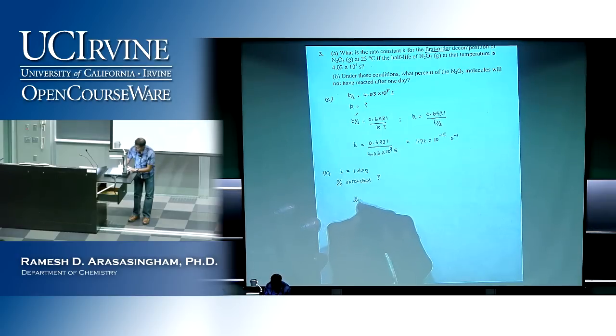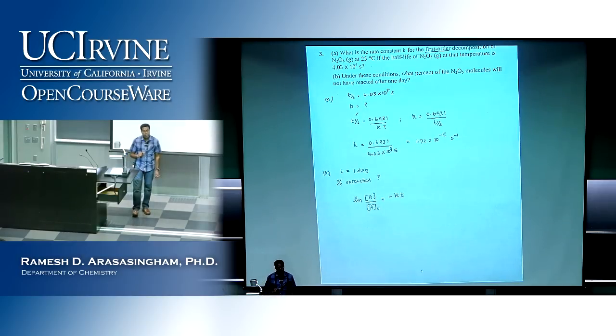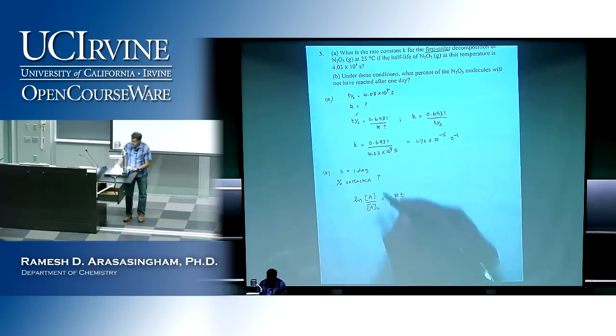And we know the integrated rate law is ln A divided by A0 equals minus kt. All right? From the first part, we calculated k. Time is 1 day. They want us to calculate percent unreacted.